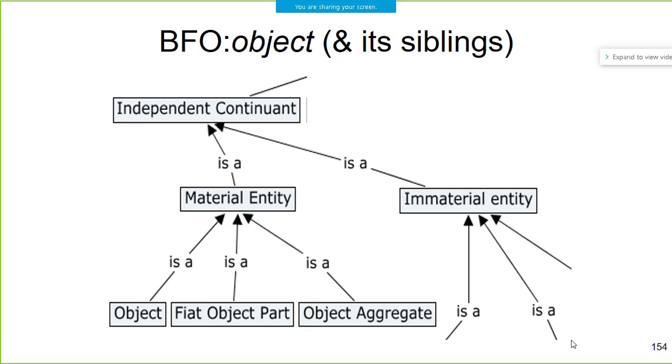I don't know. This is something that I wish I could make progress on. So if the system is bigger than an object, then it may be that we need to replace object aggregate by some term bigger than an object, a material entity, and then have object aggregates be one child term and system be another child term.